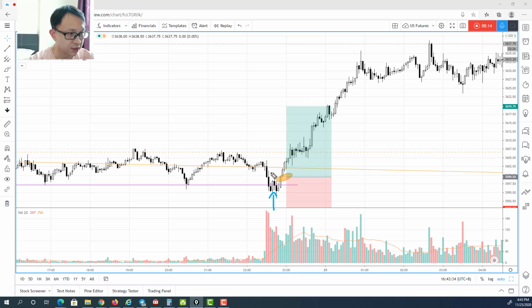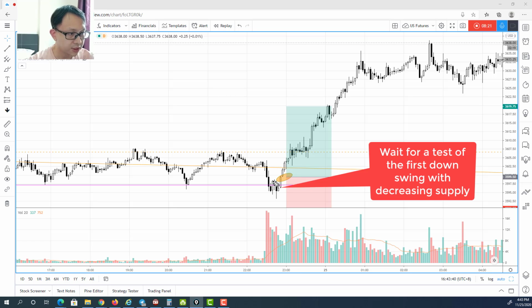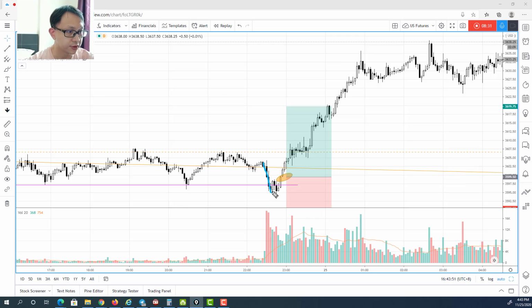I did not take the entry immediately because of the high level of supply, so instead I waited for another test. Because that's the first time it broke down, it can turn out to be a real breakout. That's why I always want to wait for a test first. So here's the test, and subsequently we see another downswing as a test of the previous downswing.